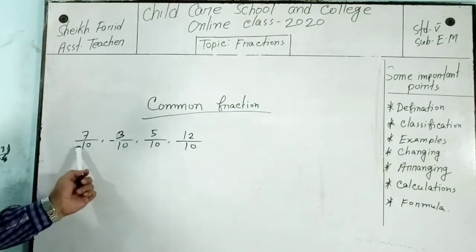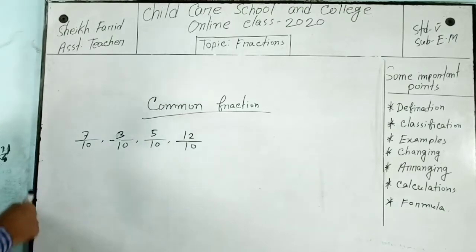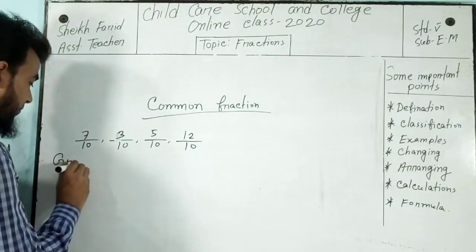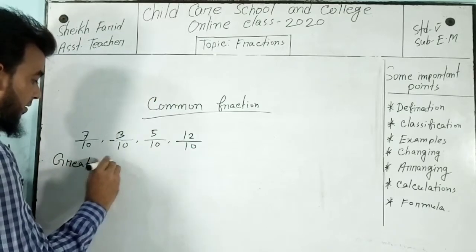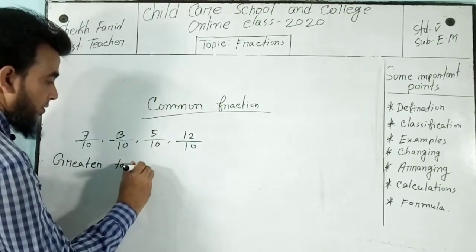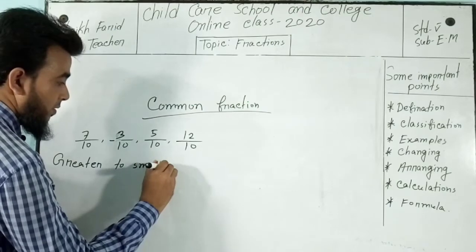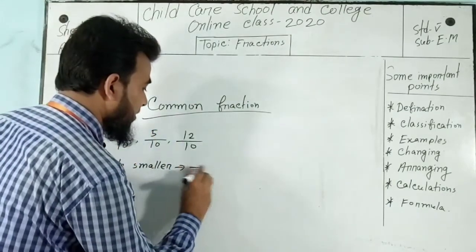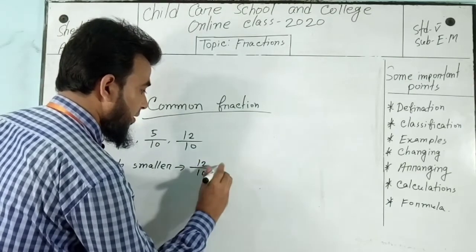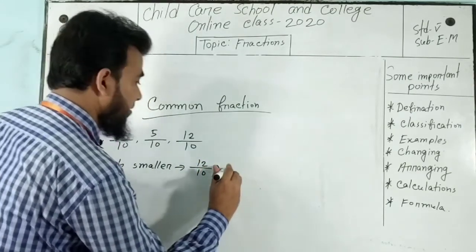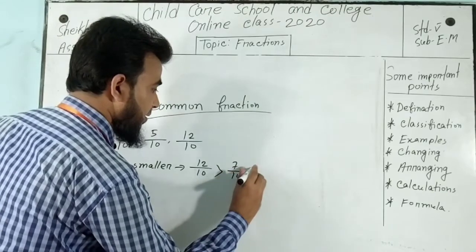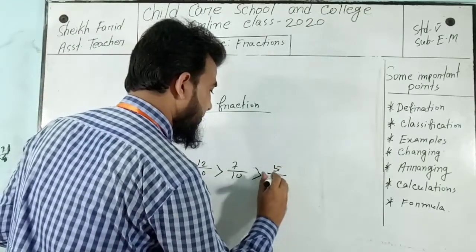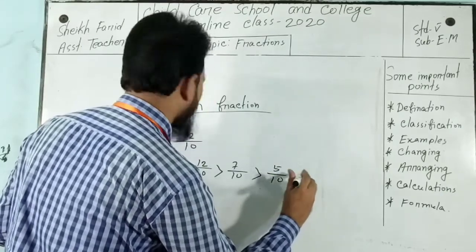If we arrange it from greater to smaller, at first it will be 12 by 10, greater than 7 by 10, then 5 by 10, and the last one is 3 by 10.